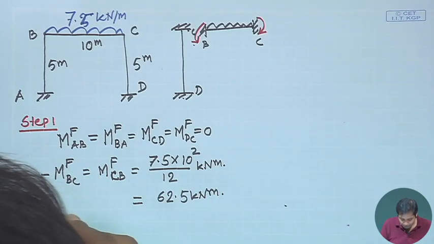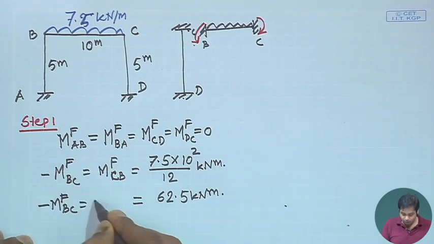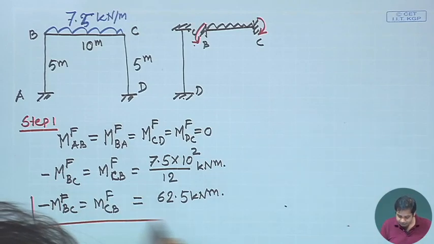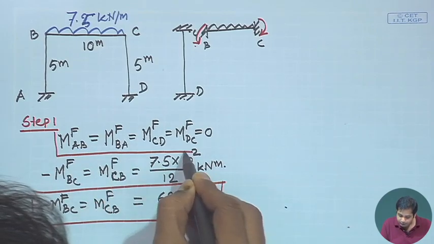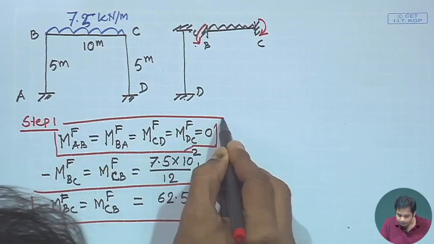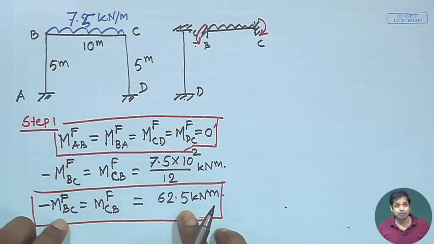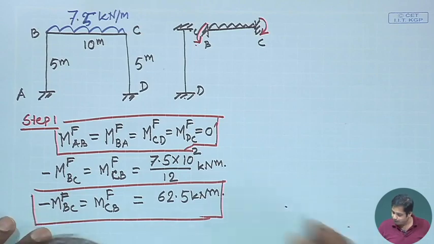So at BC it is minus 62.5, and at CB it is 62.5. So this is step 1.